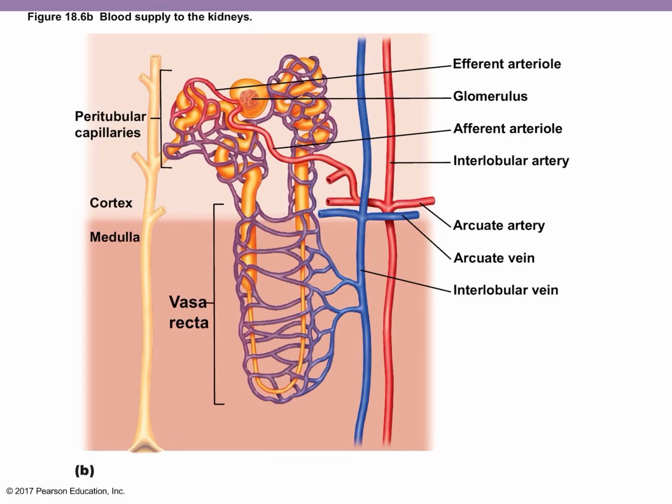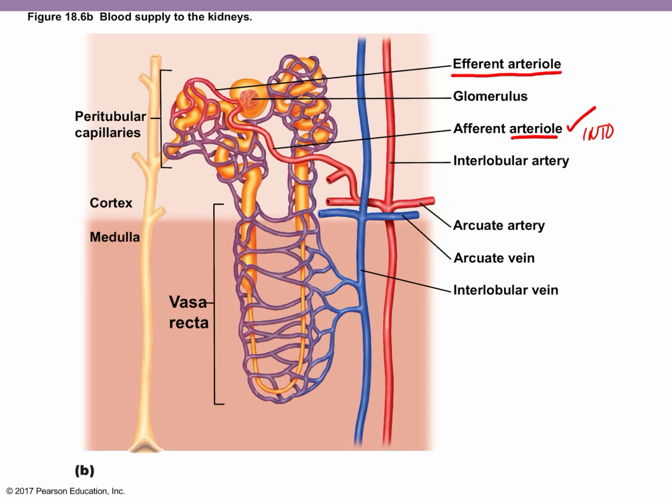Let's just take a look at the blood supply for a second. When the blood comes into the kidney, it comes in through the afferent arteriole. Remember, arterioles are the major blood vessels that constrict or dilate to control resistance and therefore control blood flow.